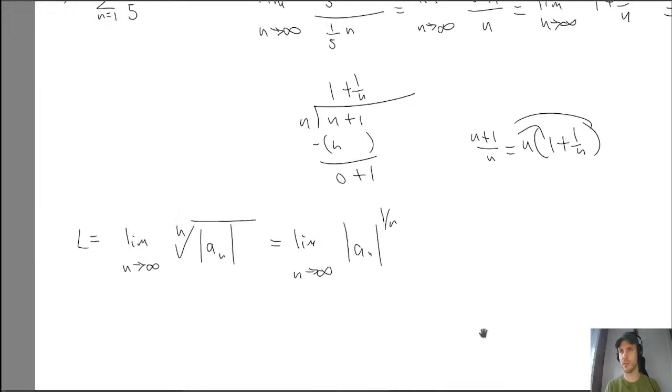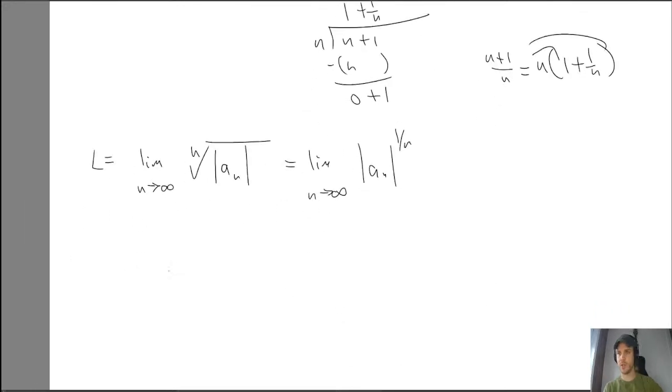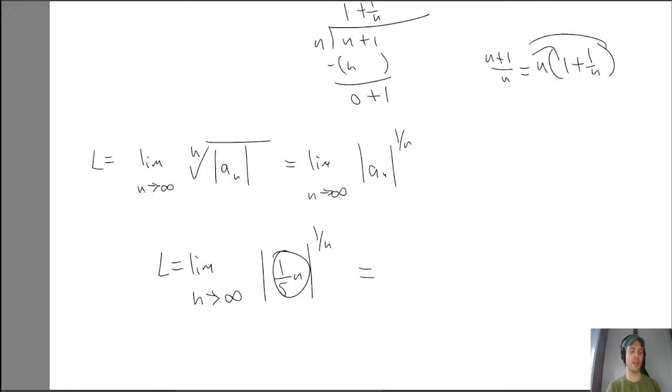So our nth term is 1/5 n. The limit, L, equals the limit as n approaches infinity of the absolute value of 1/5 n raised to the 1 over n. This is always positive, since n is always greater than 0, so that means this is the same as 1/5 n to the 1/nth.